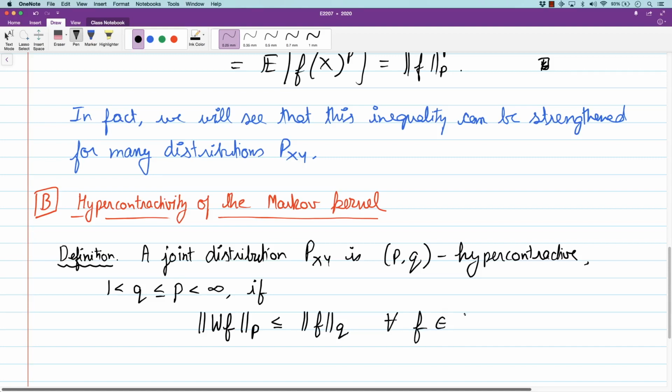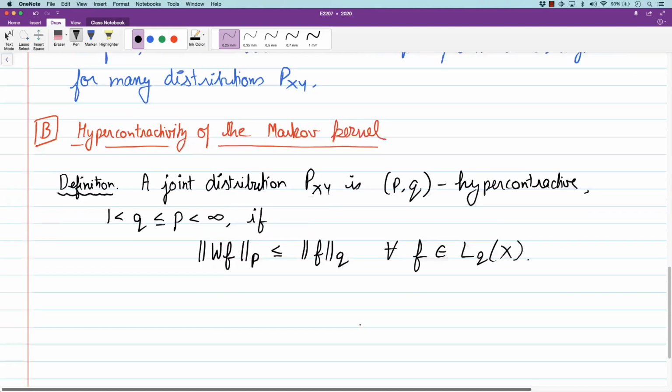So this is basically functions f which lie in this space.